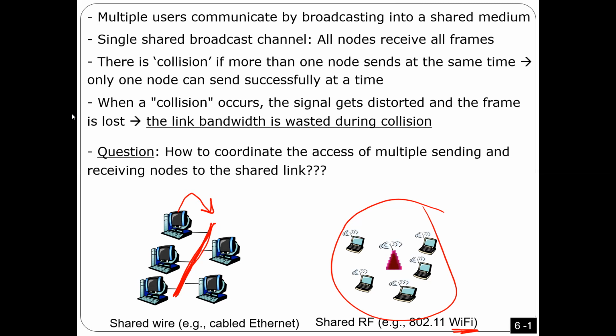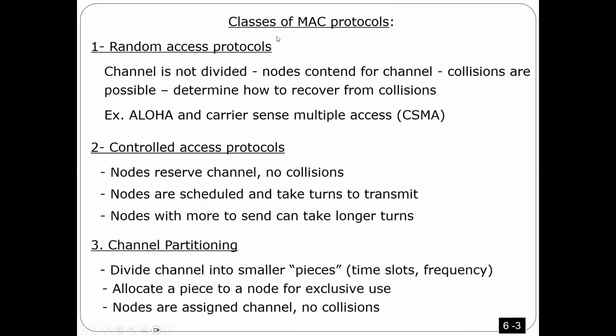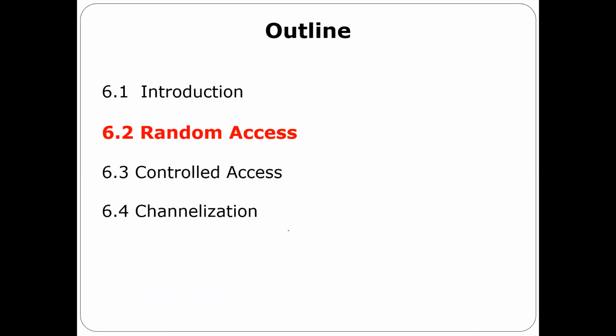To use the shared medium, there are two different ways. One way, as I explained before, is that the medium has a certain bandwidth, and I can divide the bandwidth into bands.